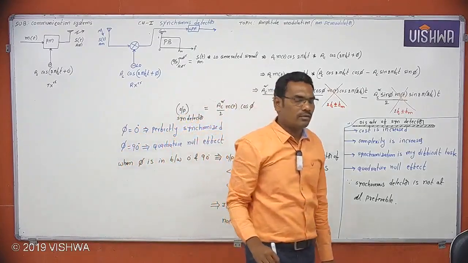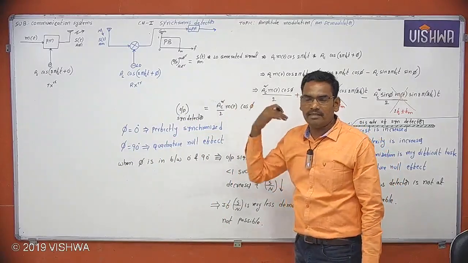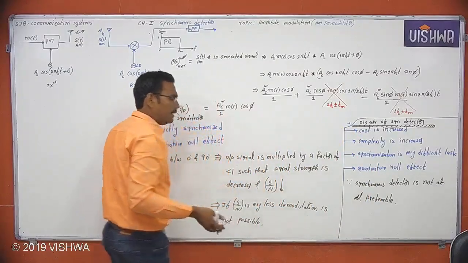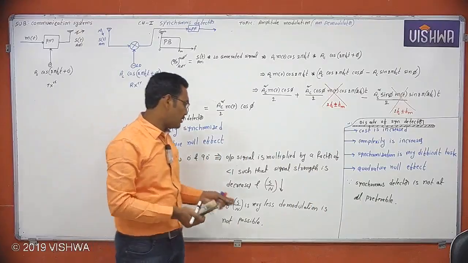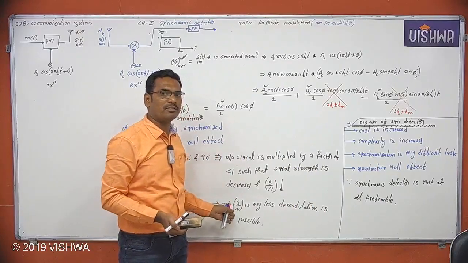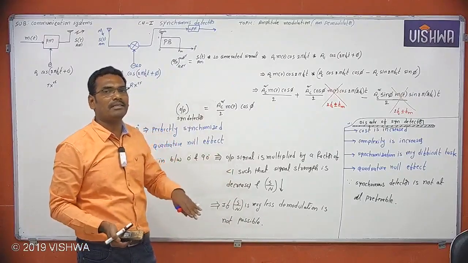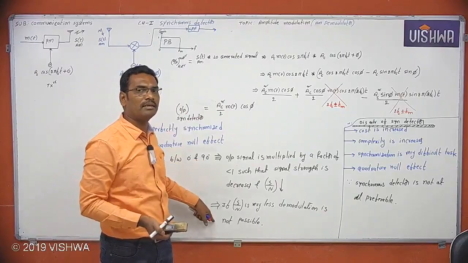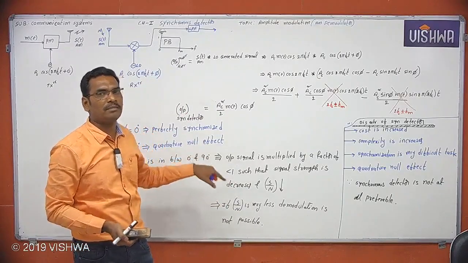Clear or not? So demodulation is not at all possible, not by using the synchronous detector, not by using any other detector, because no detector is able to get back the signal when the noise is very, very high. The noise domination is more and the signal strength is very low. How can I get the message signal from that? I cannot get back the original message signal from that noisy modulated signal.